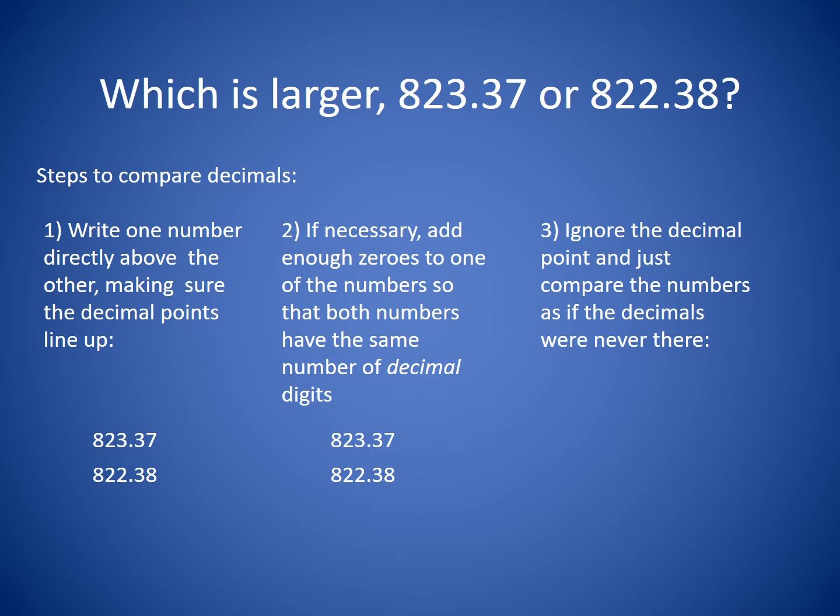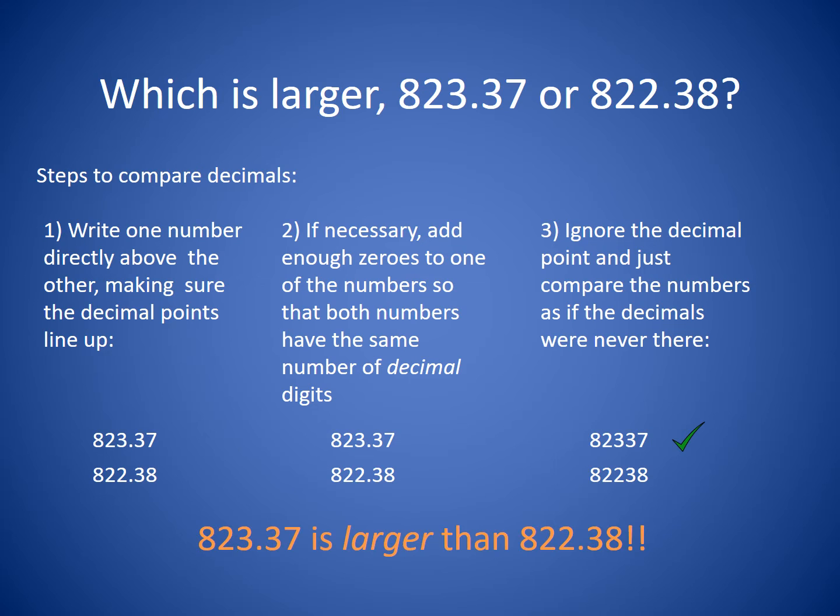I drop the decimal point and I look at the numbers just by themselves. Sometimes you might want to put commas in there to help you compare them. The top one is 82,337. The bottom is 82,238. Clearly, 82,337 is larger than 82,238.